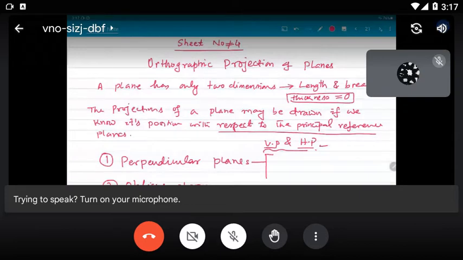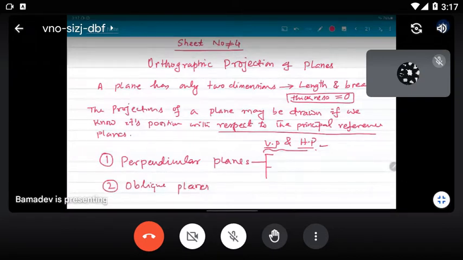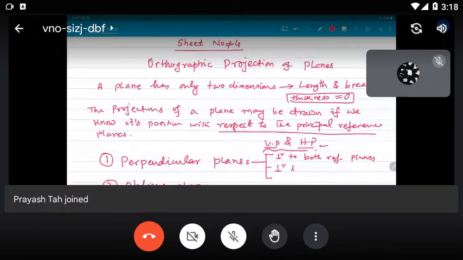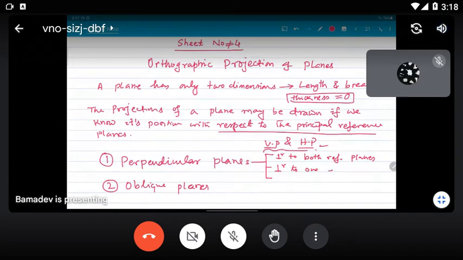Again, the perpendicular planes are of three types. First, it is perpendicular to both the reference planes, both HP and VP. Or it may be perpendicular to one and parallel to the other.